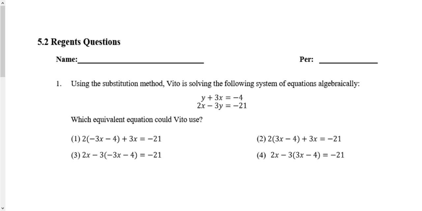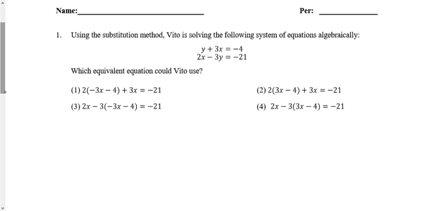All right, we've got one Regents question to look at. Let's read this one over. Think about what we know about substitution. Using the substitution method. So there's our system of equations.